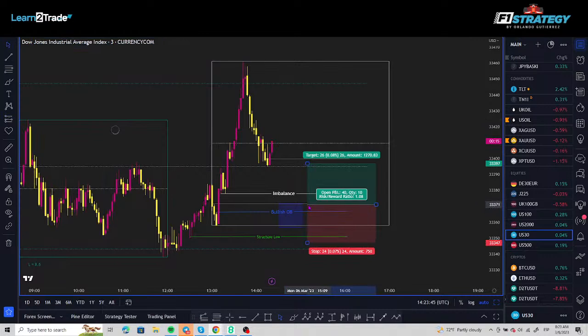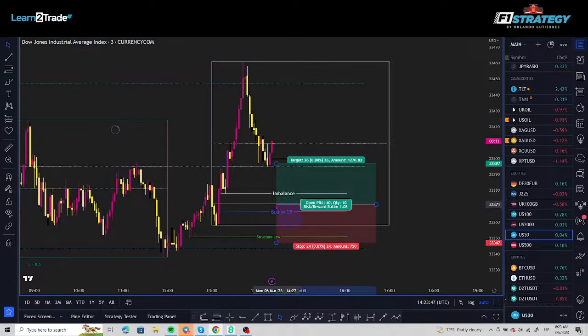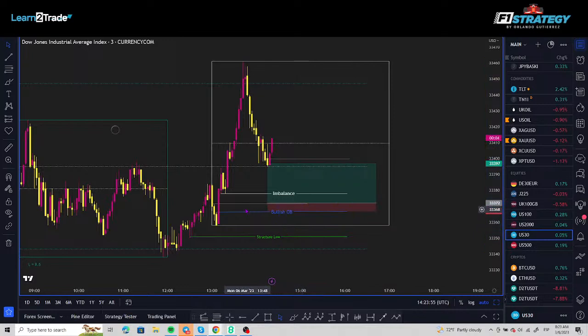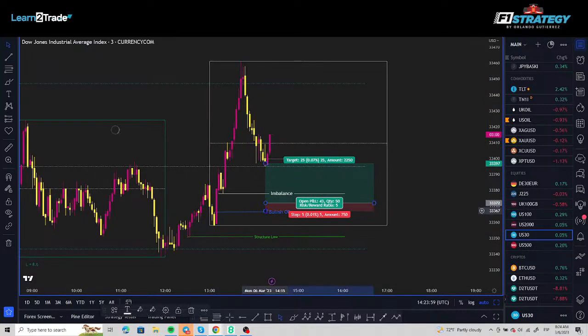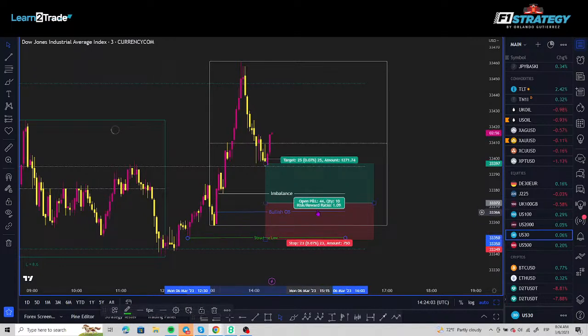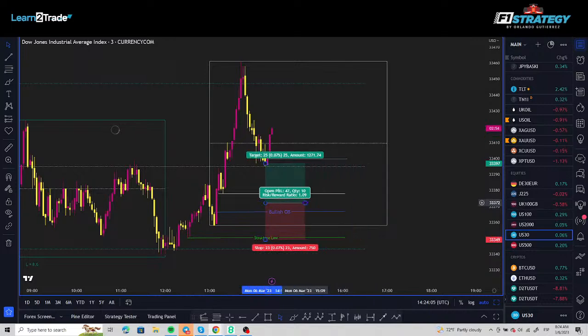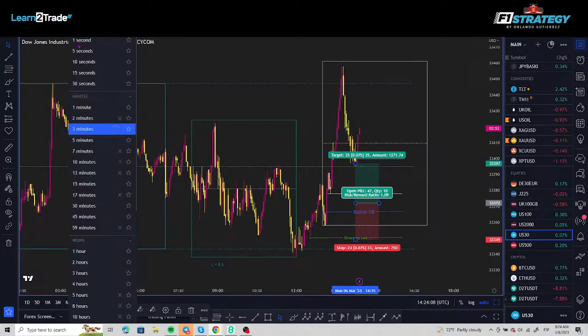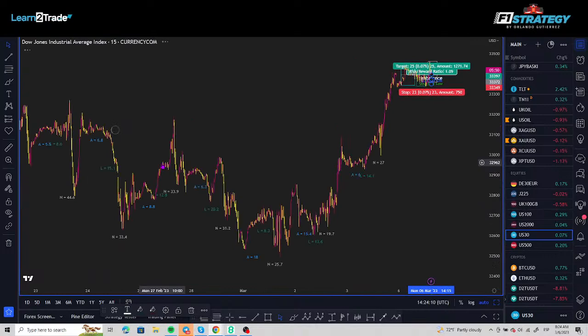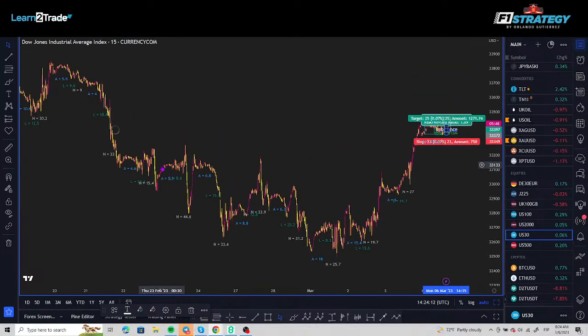So here's my trade. I am going to enter right here. Let me just delete this and add this. My stop loss is below the structure low. And I am going to target, let's have a look at the 15 minute.